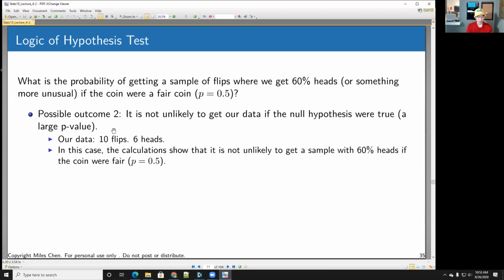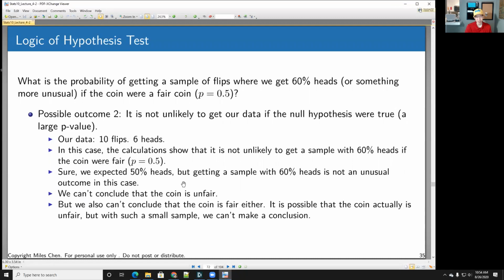So we say we've got a fair coin, and we ask, what is the probability of getting 6 heads out of 10 flips? It turns out there's a high probability. I don't know what the answer is, but it's not low. It's not low enough for us to doubt this outcome.